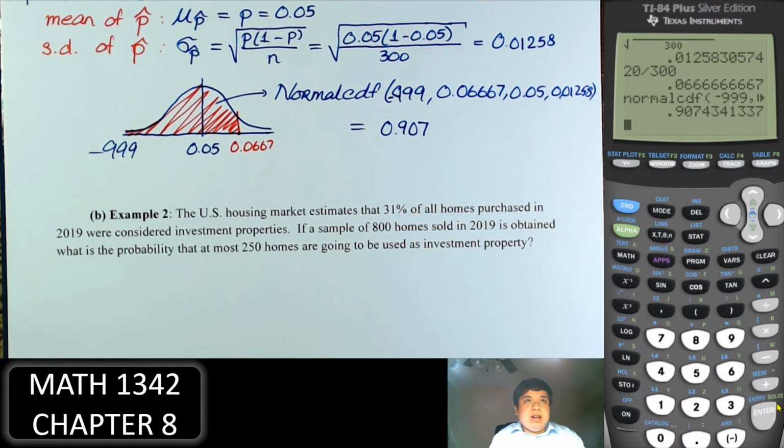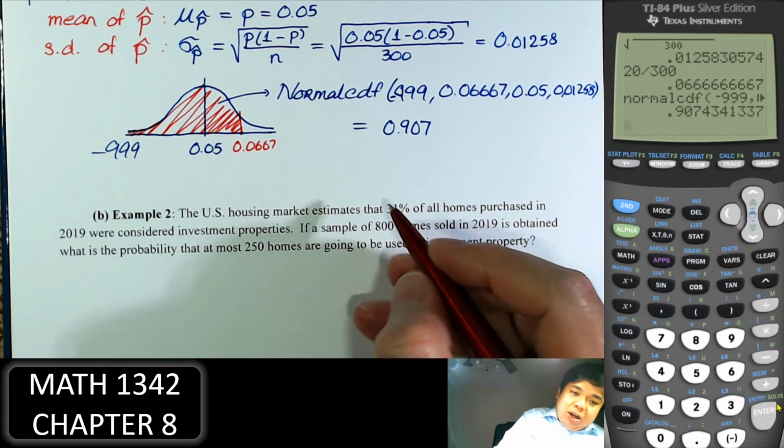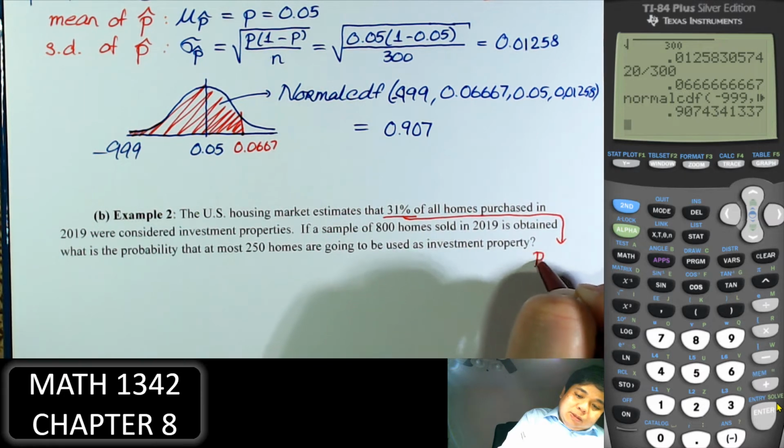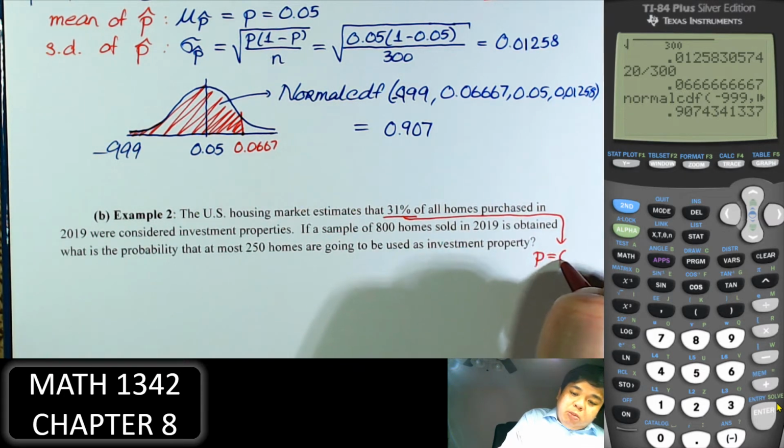Right, let's look at another example. The U.S. household market estimate that 31% of all household purchased in 2019 were considered investment properties. So this one is the P, the population proportion.